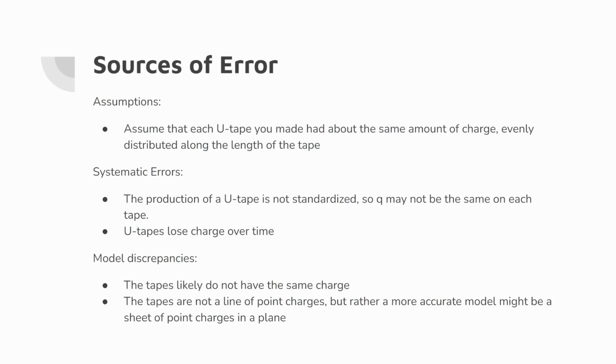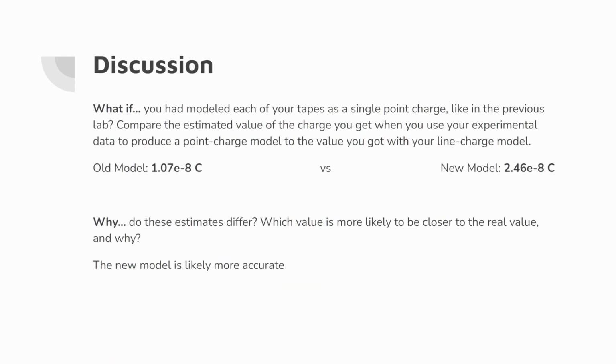It's a step up from a single point charge, but a more accurate model might have a sheet of point charges in a plane. So what if each of the tapes were treated as a single point charge? Then we're back to the old model, Lab 1, and from Lab 1 we calculated 1.07 times 10 to the negative 8 coulombs, whereas in the new model we got 2.46 times 10 to the negative 8 coulombs.